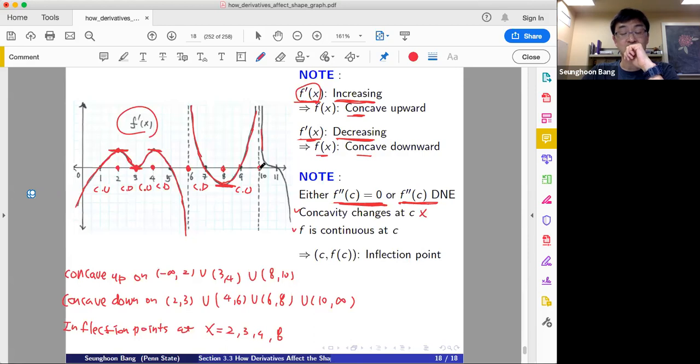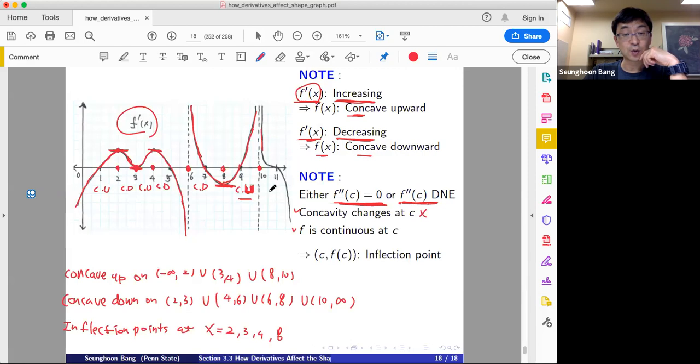What's 10? Inflection point? What do you think? No? So let me see. The graph is increasing, what's that? Concave up. Here, is the graph increasing or decreasing from 10 to infinity?